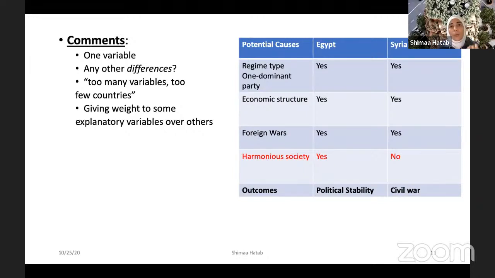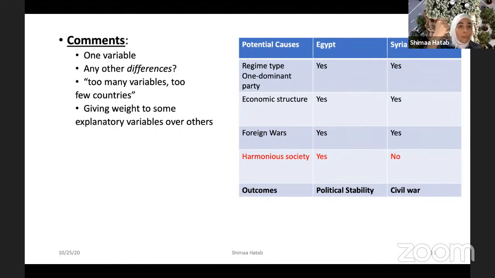Because of this kind of social composition in Syria is different from the social makeup in Egypt, this would help me understand why they have different outcomes. So they are similar in different aspects or variables.